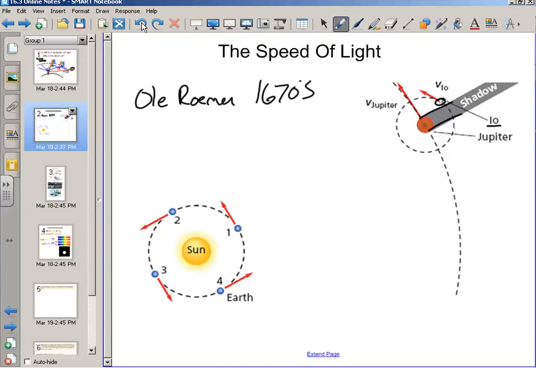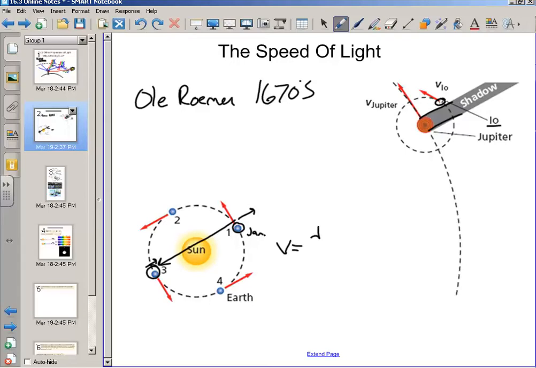He noticed that when we were here in January, or whatever, it was coming out like clockwork. Then over here, there was a 22-minute lag, and he said either Io is tied to Earth's orbit around the sun, or it takes light 22 minutes to get across that distance, and he was right.